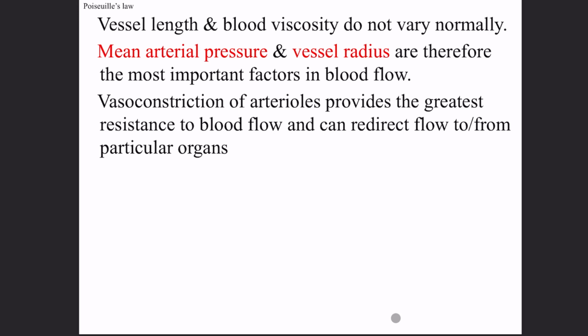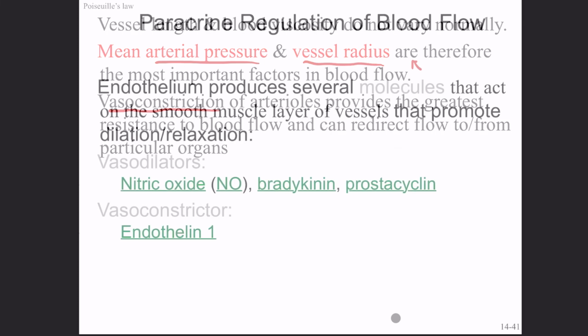So what really matters here are the arterial pressure as well as the radius of the blood vessel. Those are the most important factors that are impacting blood flow. And so if you think of vessel radius, this is where vasoconstriction and vasodilation occur. Vasoconstriction is going to provide the biggest resistance to blood flow, and that is going to directly impact the flow of blood to and from organs.